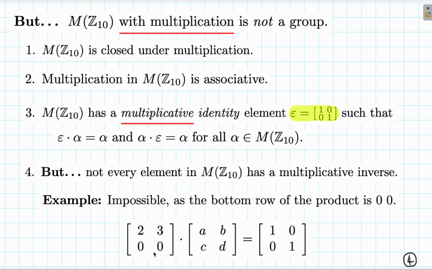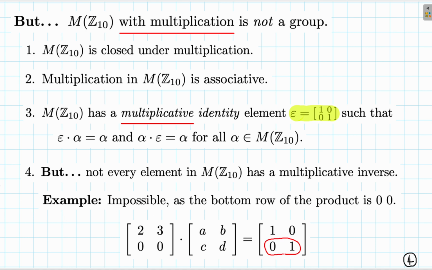But we saw in the classwork, for instance, that the matrix 2, 3, 0, 0 can't possibly have a multiplicative inverse, because if you multiply this with any matrix A, B, C, D, we saw in the classwork that the bottom row would be 0, 0. So there is no way we would get the bottom row of 0, 1.